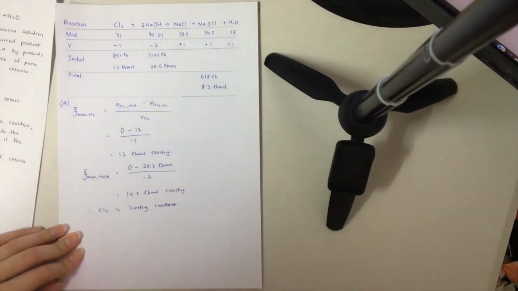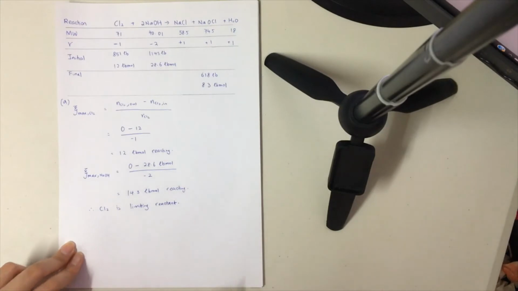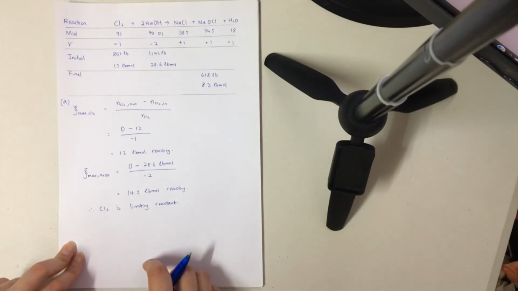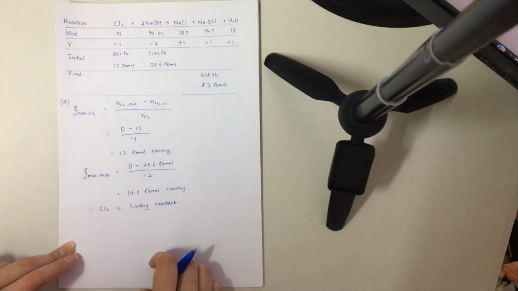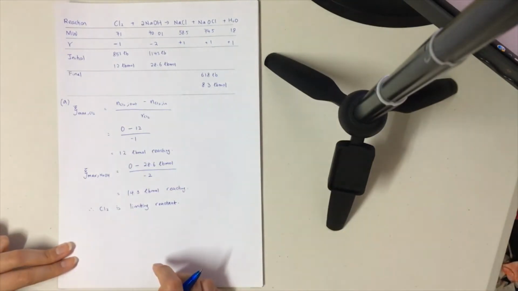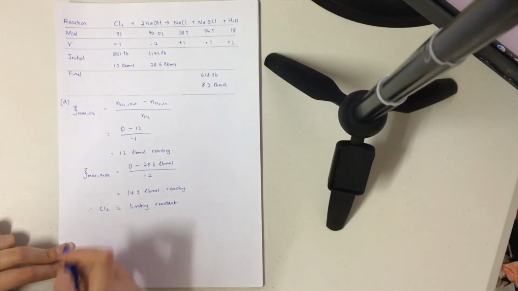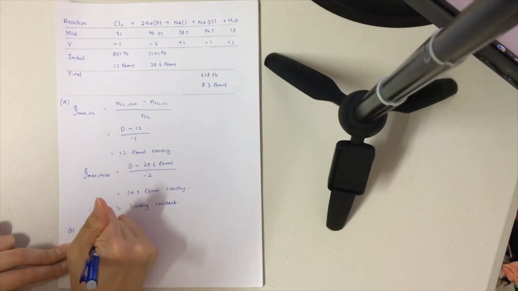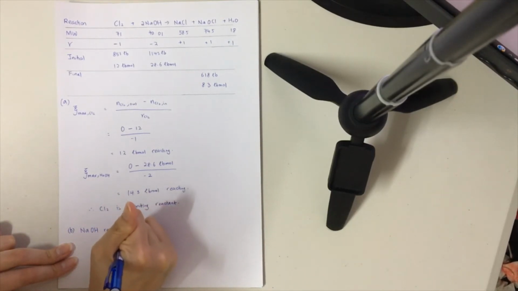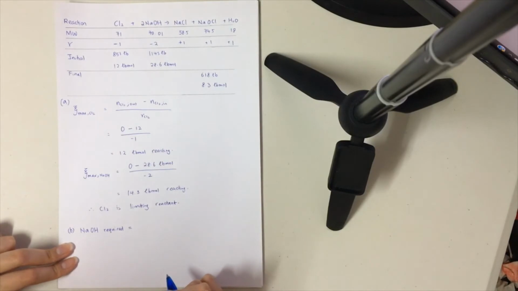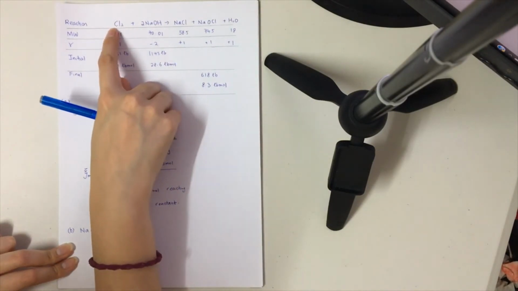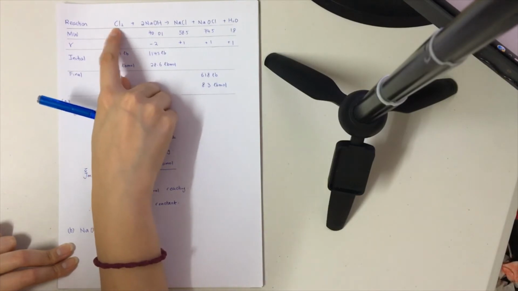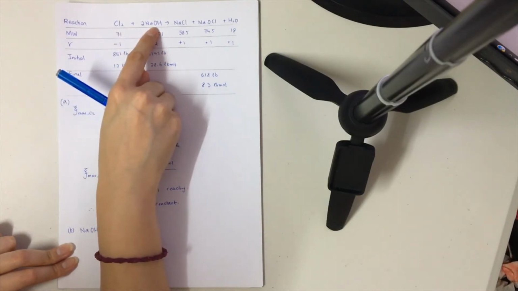For part B, what was the percentage excess of the excess reactant used? First, we need to find the amount of NaOH that is in excess. Ideally, the amount of NaOH required is based on the limiting reactant, which is Cl2. So 1 mole of Cl2 requires 2 moles of NaOH.